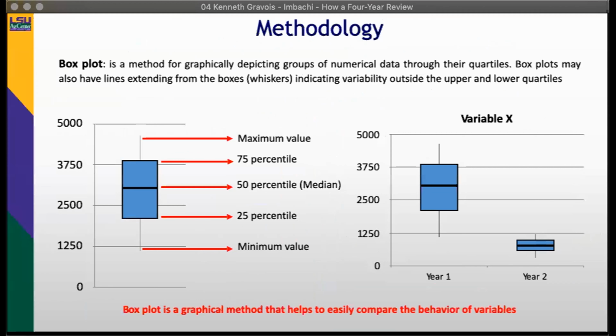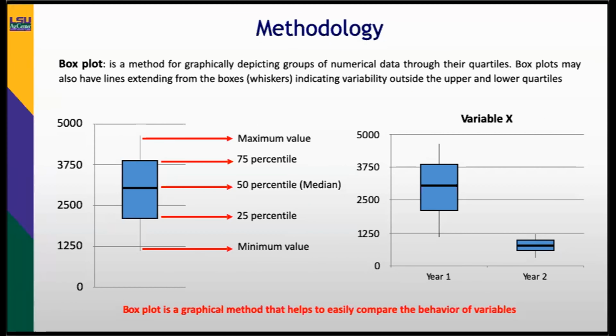So here we are using two methodologies to analyze the information. The first one that we were using is the box plot. It's a method for graphically showing groups of numerical data through their quartiles. The box plot may also have lines extending from the boxes. So this is the box, and those are the whiskers that show the maximum and minimum values.